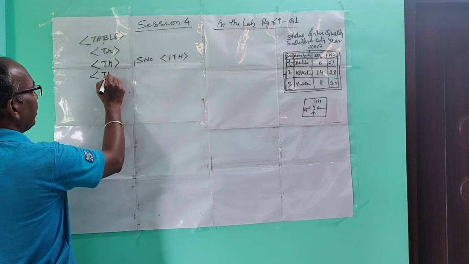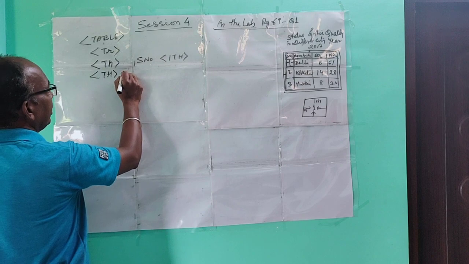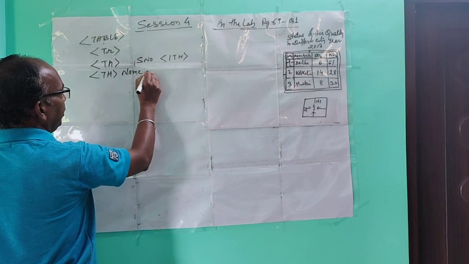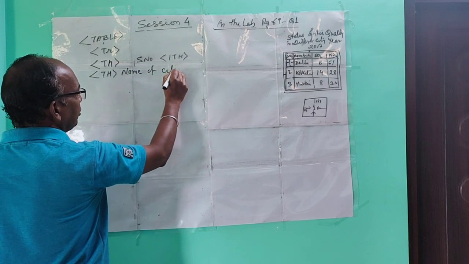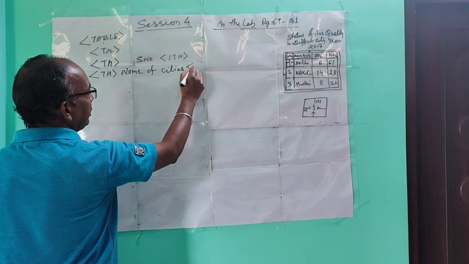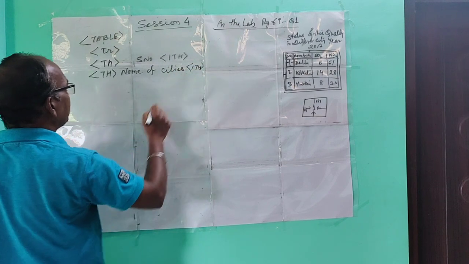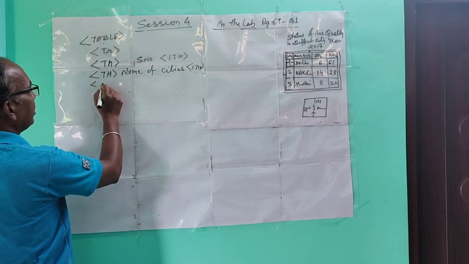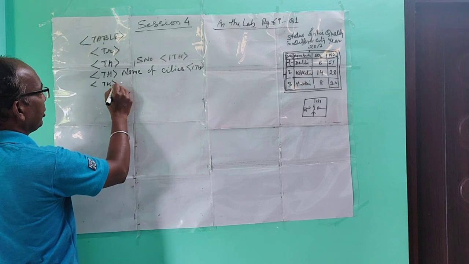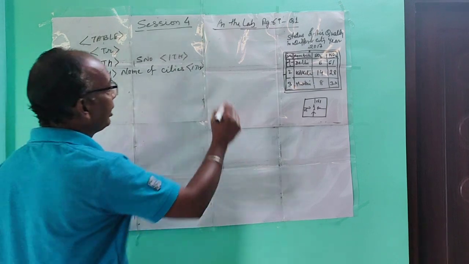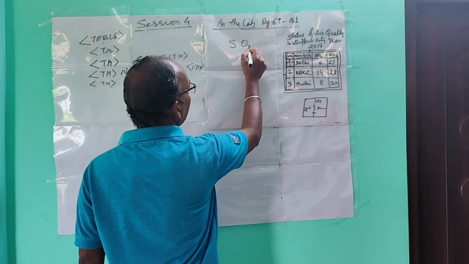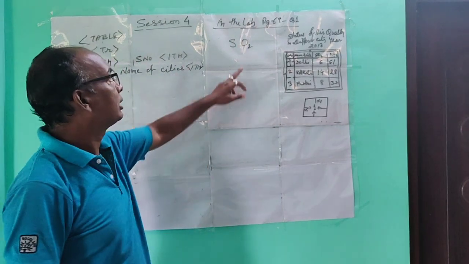Next, for data, TH, name of cities, then TH close. Again TH, you see I am adding here SO2. 2 is the subscript.